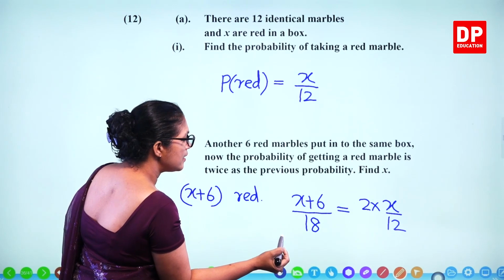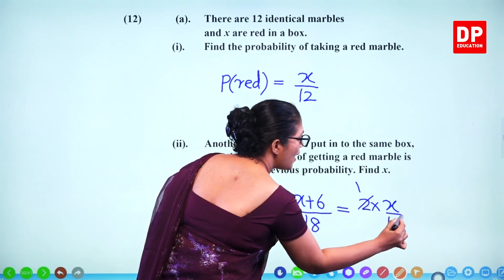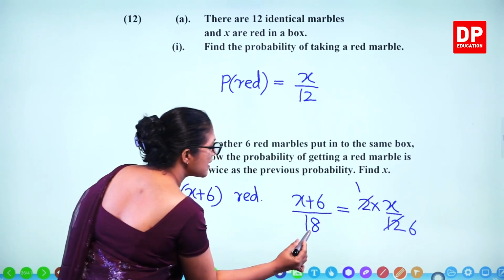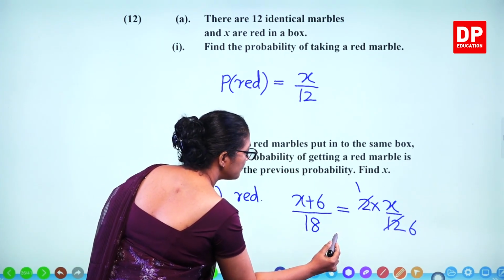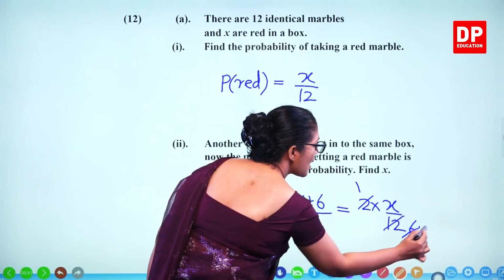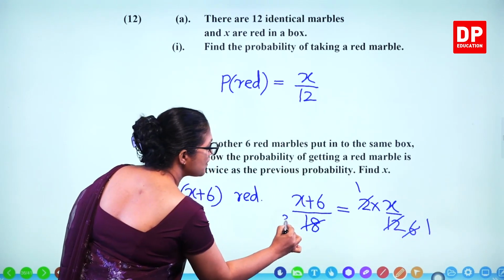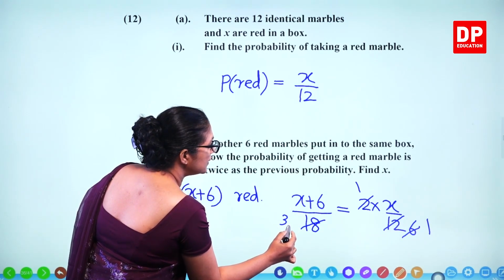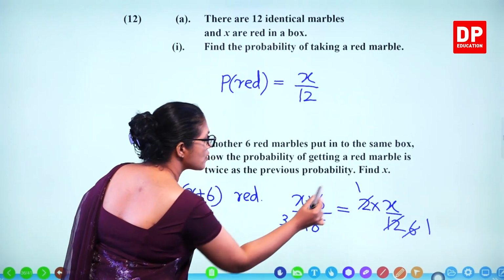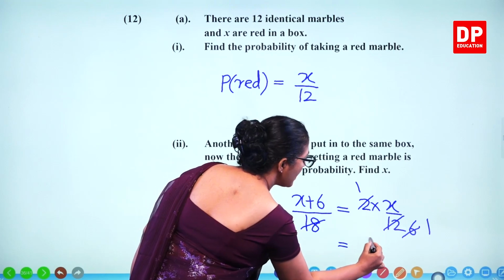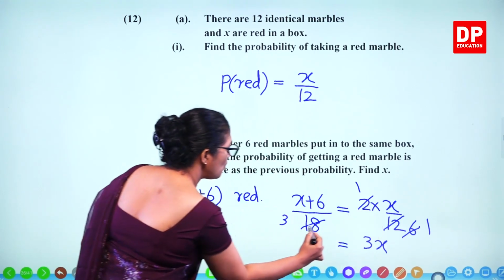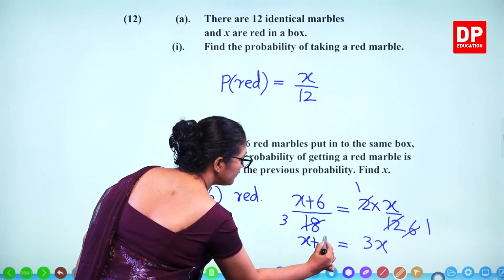You are asked to find X. So simplify: 2 times 1, 2 times 6. And here multiply by 6. You get here 6 times 1, 6 times 3 here. Now cross multiply. 3x is equal to x plus 6.